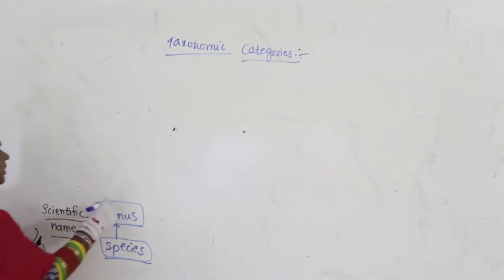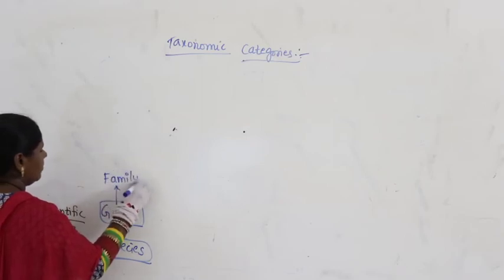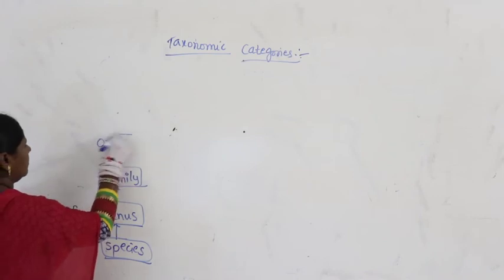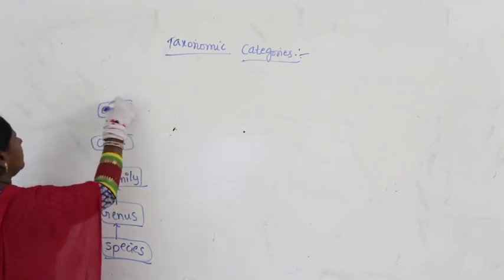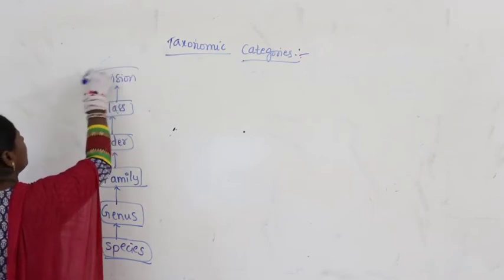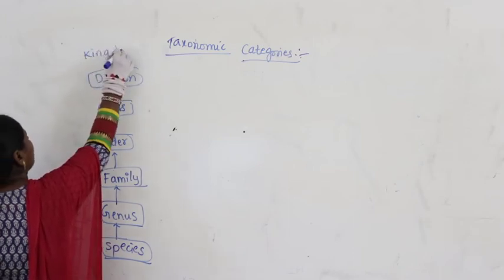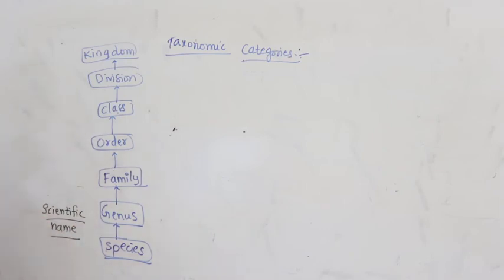Then we have what is called a family, then order, then class, again I am writing division, then kingdom. What do you call this?